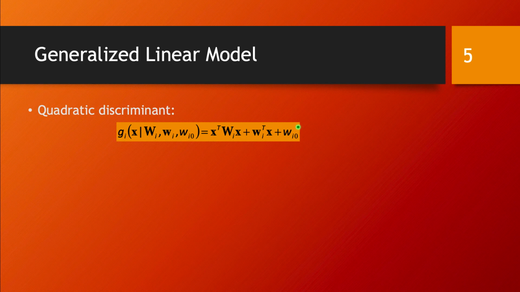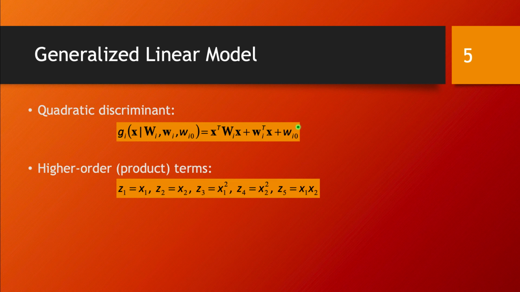You can also see this in a way that makes it easier to generalize further. You can think about this in terms of adding to your data set a few additional higher order product terms. In other words, to the features you already have, say x1, x2, all the way to xd, you can also add, in this example where we only have two features, x1 squared, x2 squared, and x1x2. So all the second degree terms.